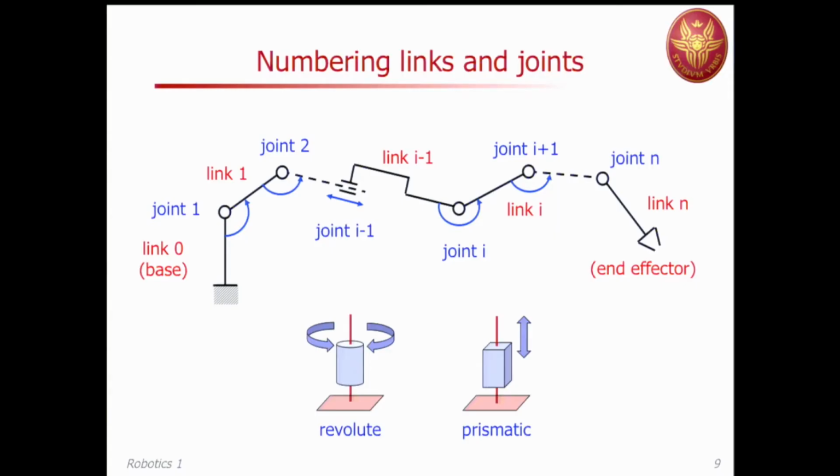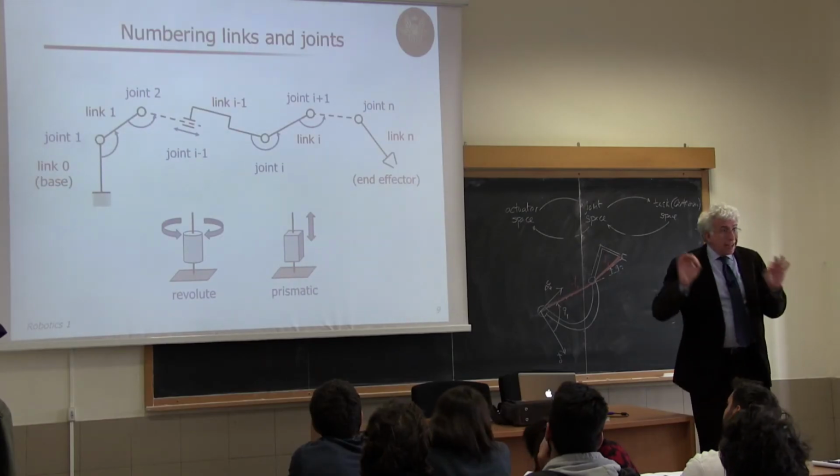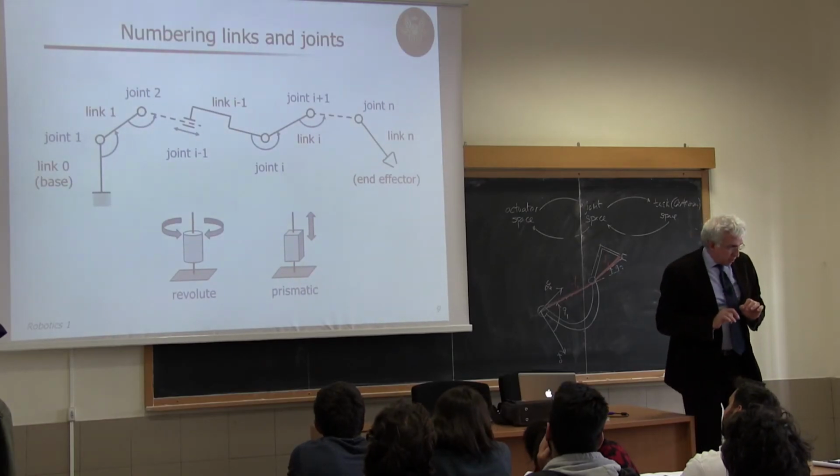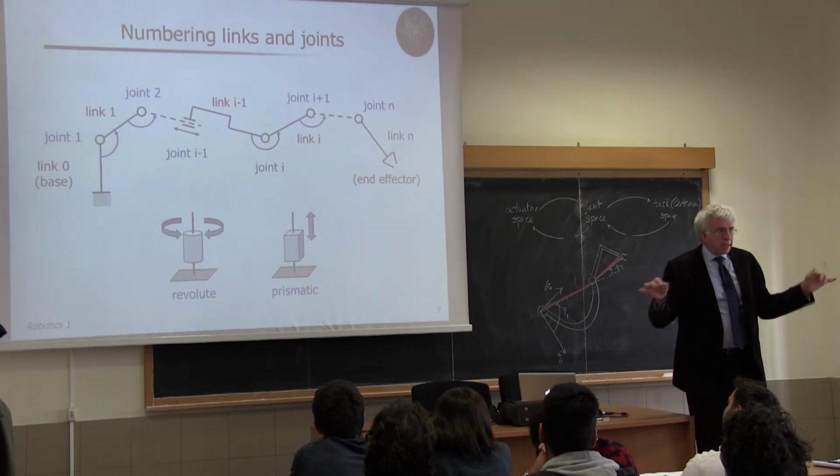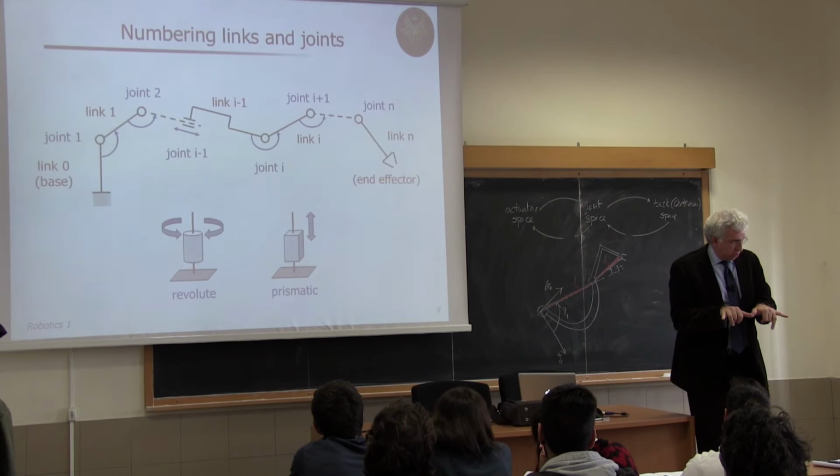So you see that in our case, we have a chain of n plus 1 bodies, including the base. Only n of these bodies are moving, from 1 to n. And these n plus 1 bodies are interconnected by n joints.